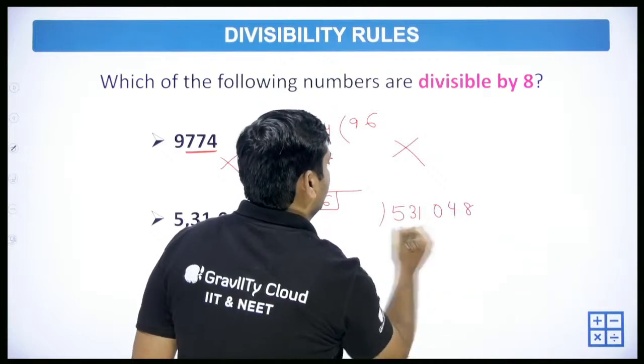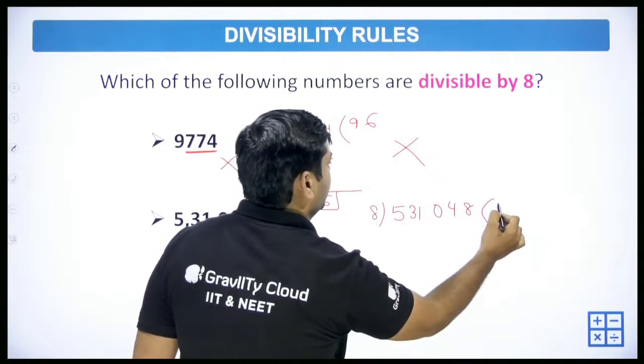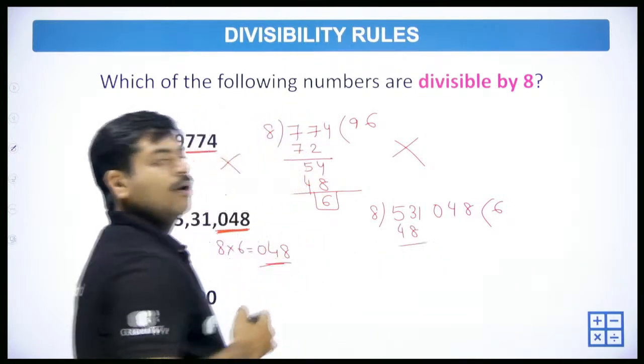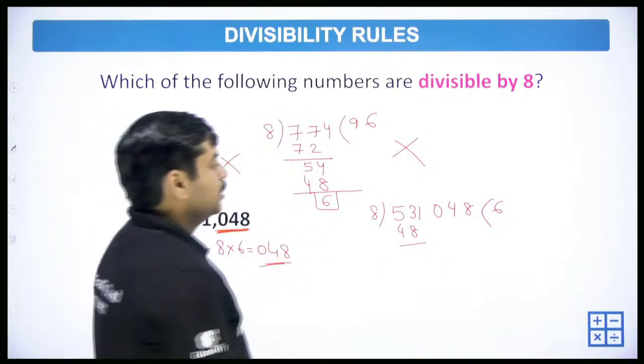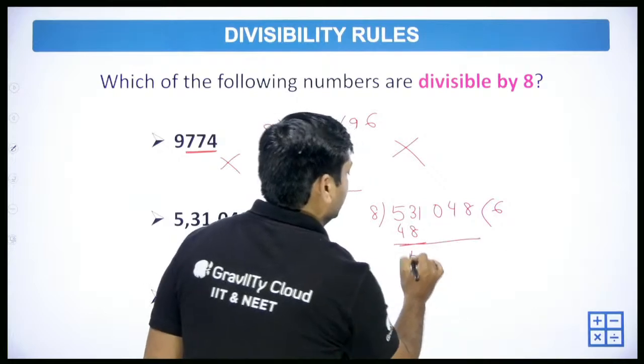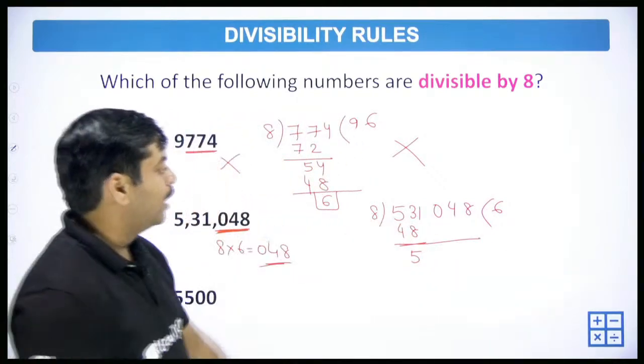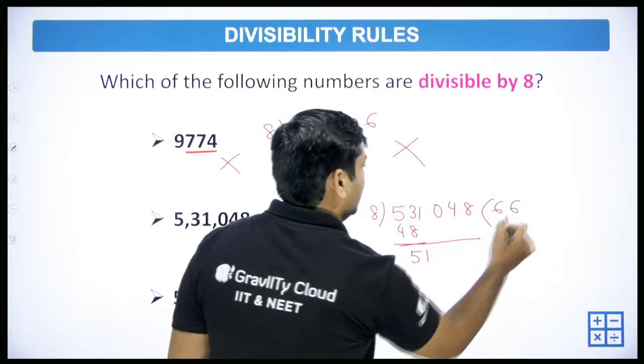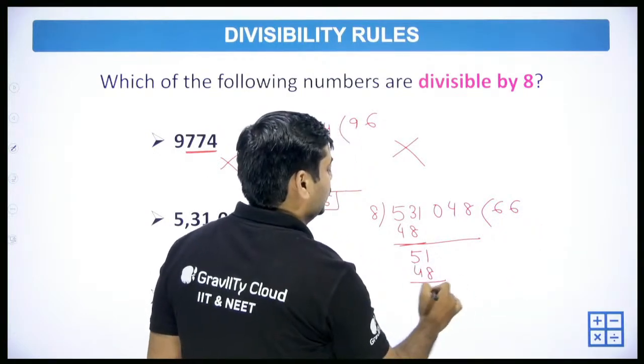If you are confused, let us try to verify that. 531048. Let me divide that by 8. 8 6s are 48. How much are we left with? 2 plus 3, we are left with 5, correct? And then we have 1 here. So 8 6s are 48, again we get 3.